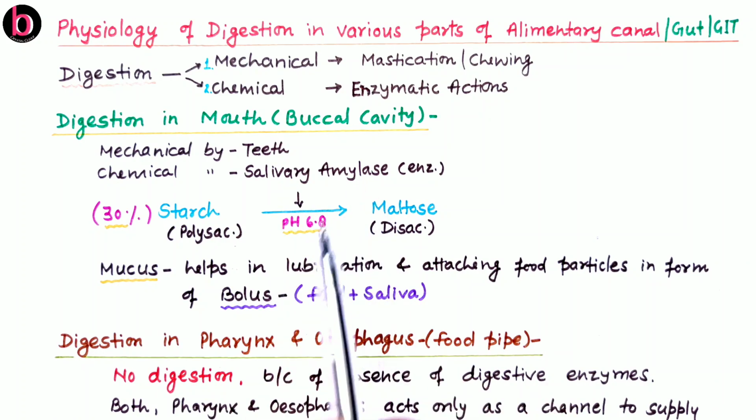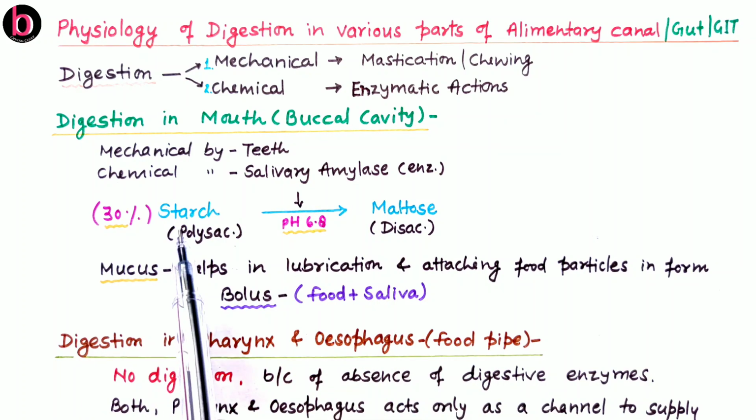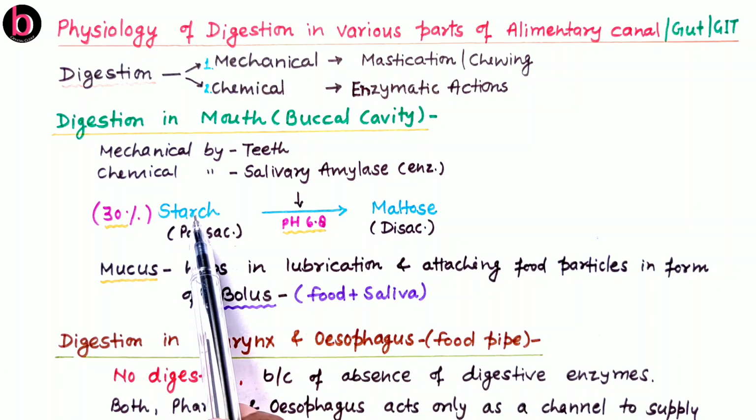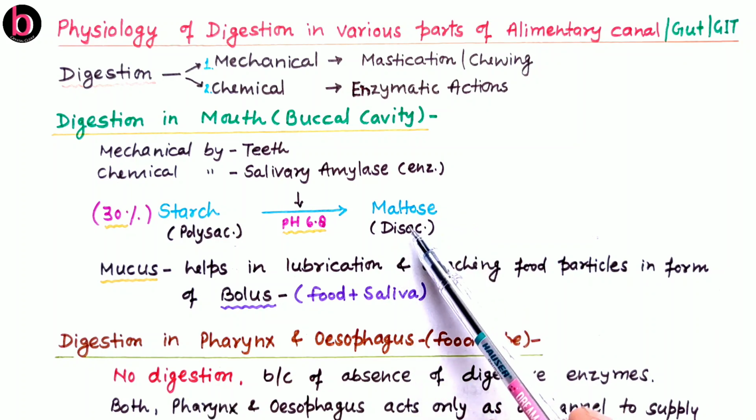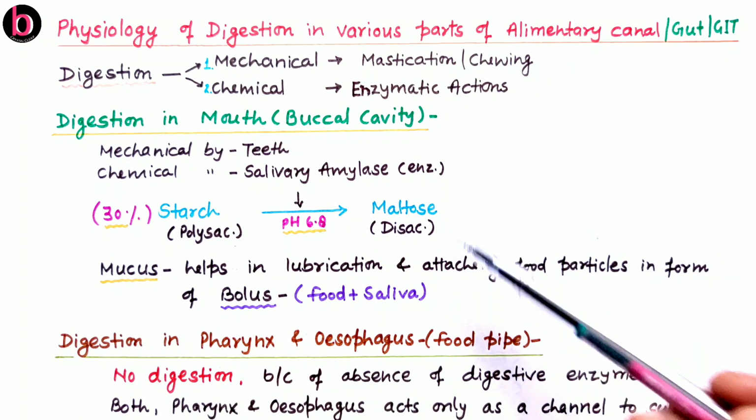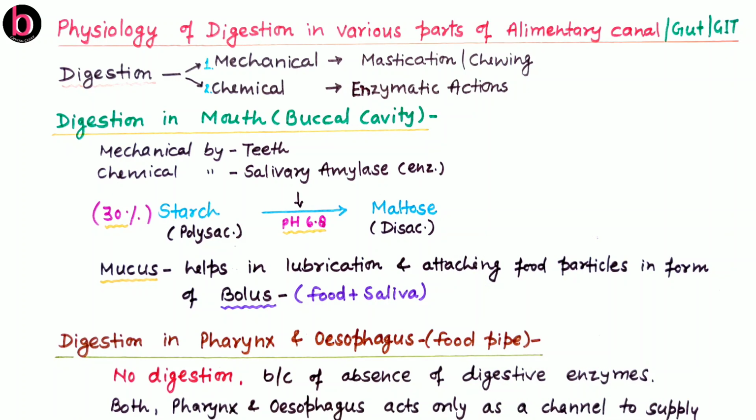This salivary amylase is responsible for digestion of the polysaccharide starch into maltose, which is a disaccharide. We can say maltose is like simple sugar that is sweet in taste. That's why when we continuously chew bread or rice for a longer period of time, it tastes sweet. This is because of conversion of starch into maltose.